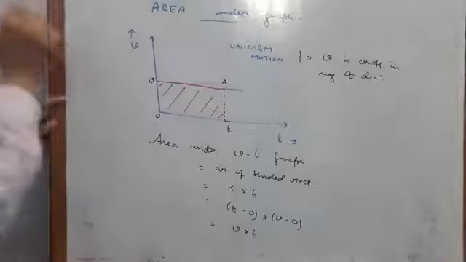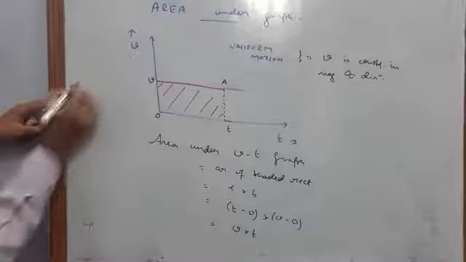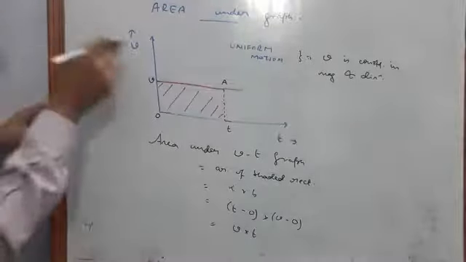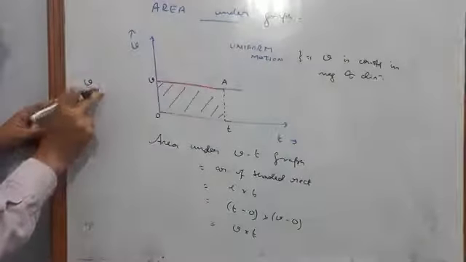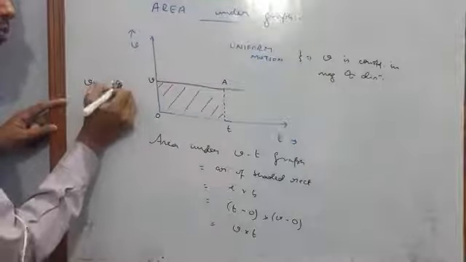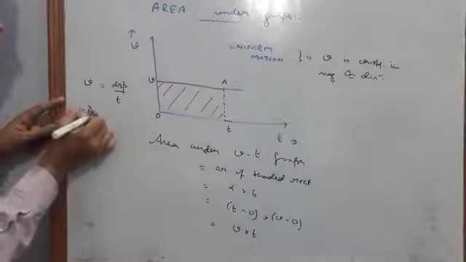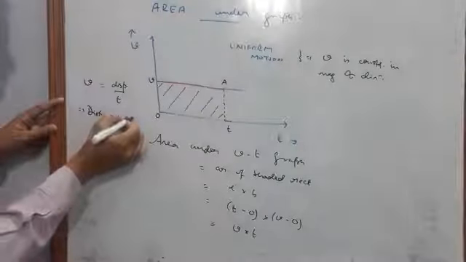Now let me remind you, students, about average velocity. In case of uniform motion, the velocity remains constant, so average velocity is the same as velocity at any instant. The velocity is given by the formula displacement by time. So this implies the displacement will be, if you cross multiply, V into t.